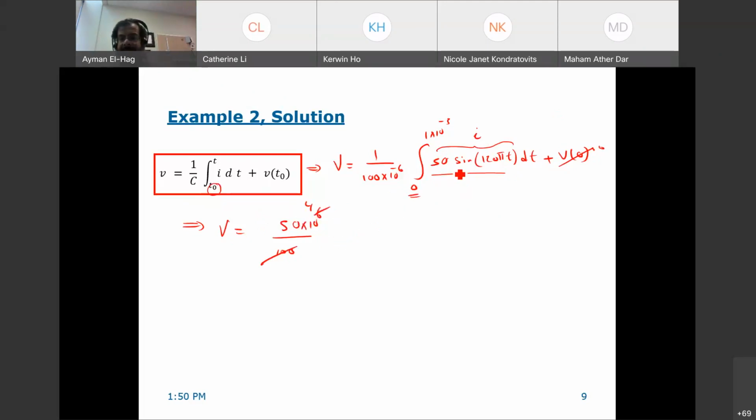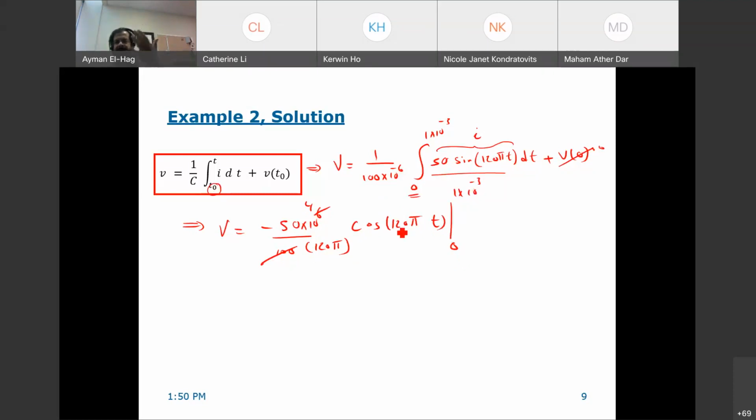Now, what is the integration of a sine? It's a minus cosine, and we need to divide by this. So we take this out of the integration. This becomes 120 pi, and there is a minus sign here, and then we will have cosine 120 pi t from 0 to 1 times 10 to minus 3.